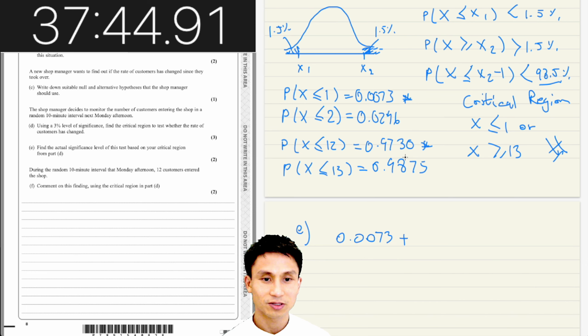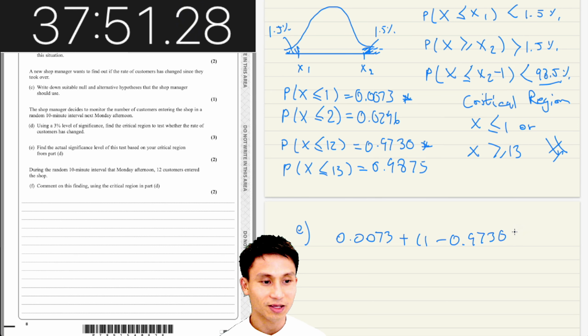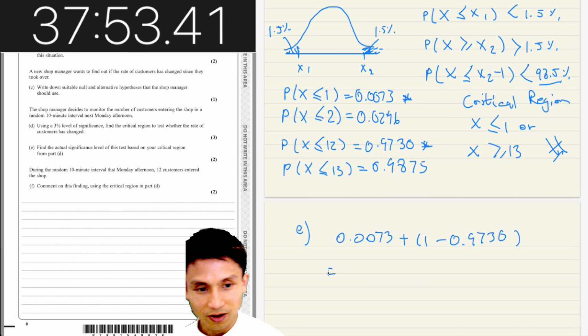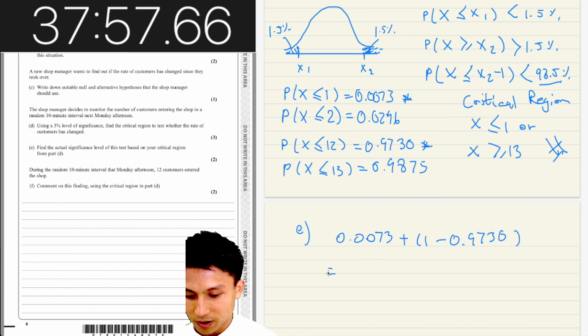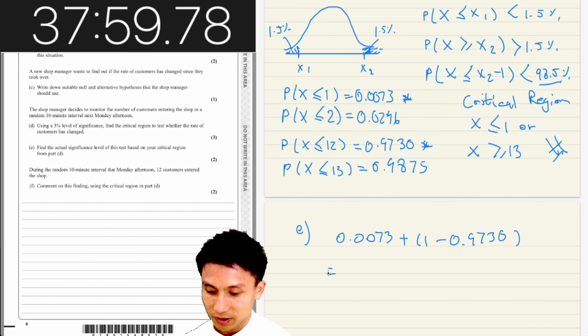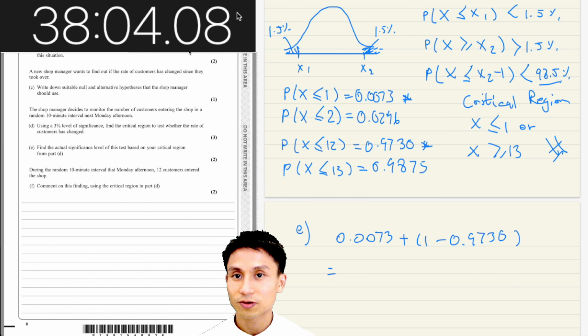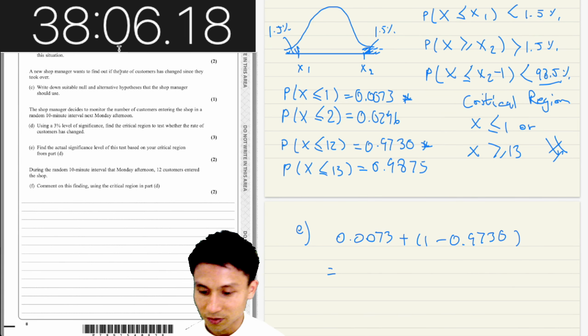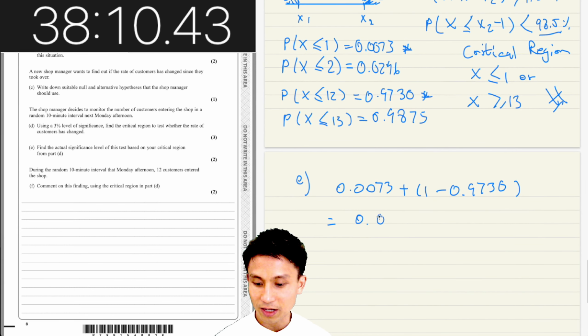Okay, so 1 minus this to find the other side, because if you take this, it's not going to be right. Okay, and calculator: 0.0073 plus 1 minus in the brackets there, 0.79730. Is it 0? Yeah, it is 30 there. Just being careful there. So that is the actual.